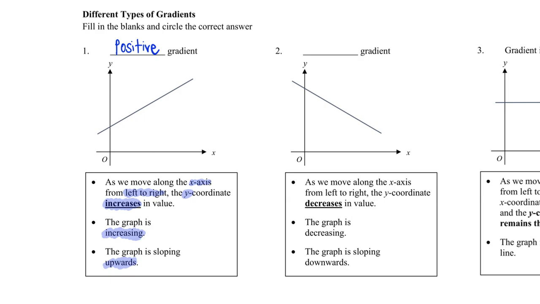The opposite of this would be a negative gradient. As we move from left to right again, the y coordinate decreases, and the graph is decreasing and sloping downwards.